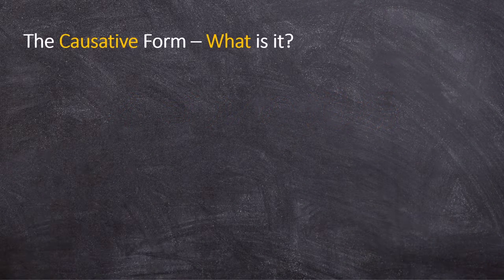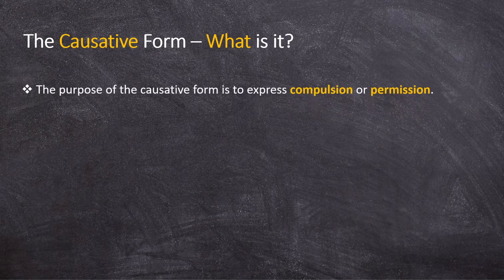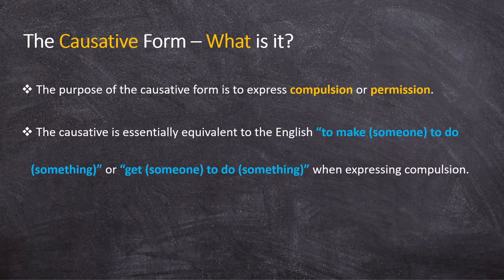Before we proceed to the formation process of the causative form, we must first answer a simple question. What is the causative form? Well, that is a verb form used in the Japanese language for expressing compulsion or permission. When the causative form is expressing compulsion, it is roughly equivalent to the English "to make someone do something" or "get someone to do something."